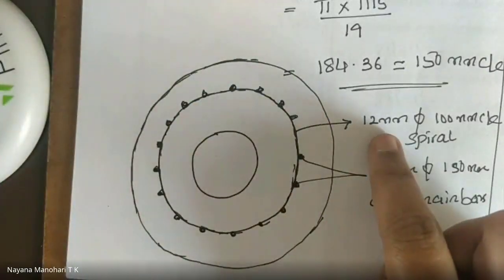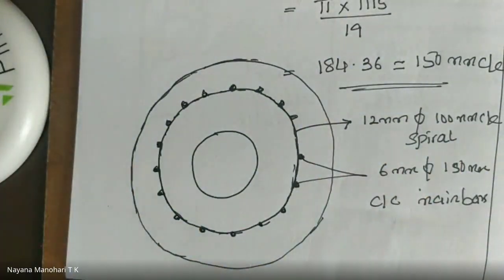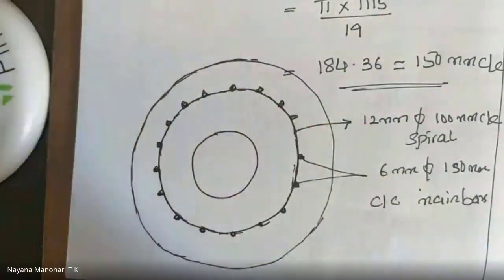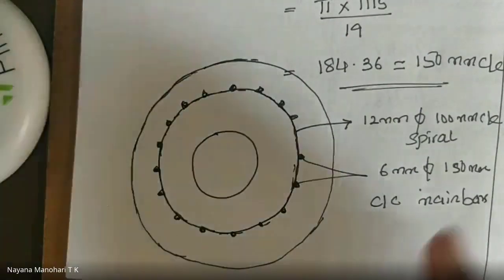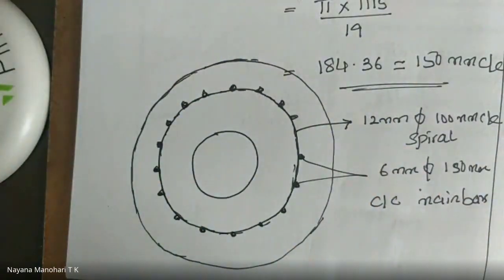That dia is 12 mm dia, 100 mm center to center. I've shown you, and I will send you that image so you can go through it. Next is the main bar. Perpendicular to this, the reinforcement they are going to provide is the main bar. It is 6 mm dia, 150 mm center to center. That is the reinforcement details.